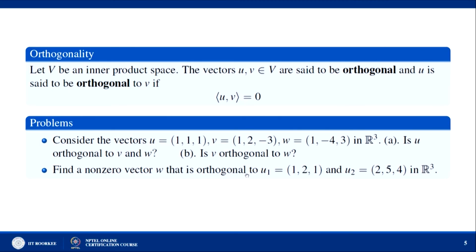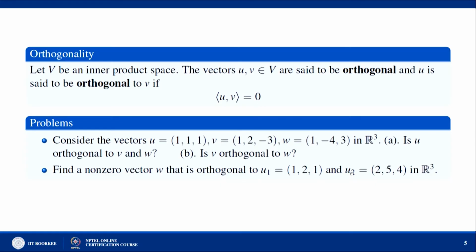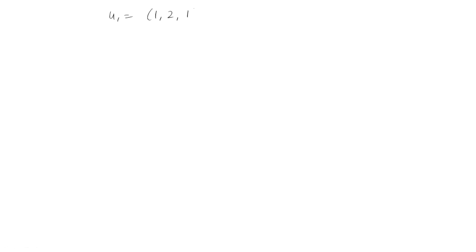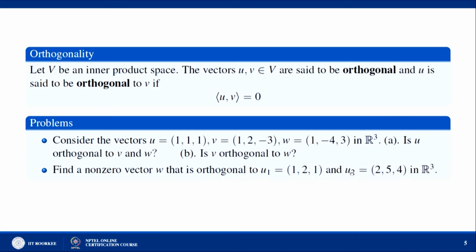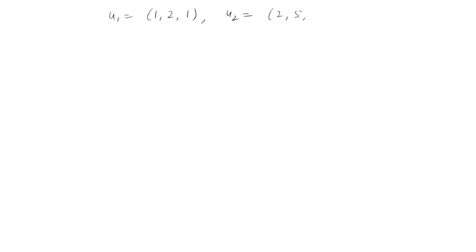Now, find a non-zero vector w that is orthogonal to u1 and also u2. So, what is u1 and what is u2? Here u1 is 1 2 1 and u2 is 2 5 4. So, we have to find a non-zero vector w which is orthogonal to u1 and orthogonal to u2 also.